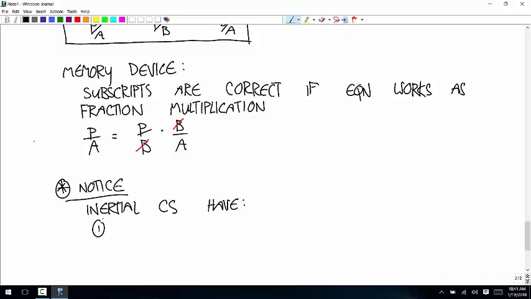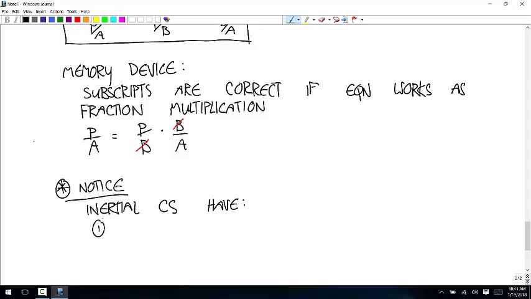One is that the axes can't be rotating. If you took a ball, spun your chair around and dropped it, according to that coordinate system you would measure an acceleration of the ball that would look like it was accelerating in a spiral. If you use the acceleration of that spiral with what you know about gravity and put it into Newton's second law, it would look like Newton's second law was violated.